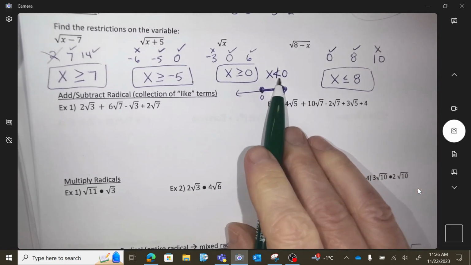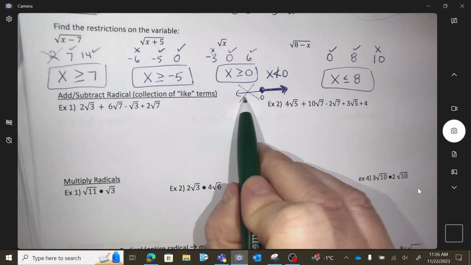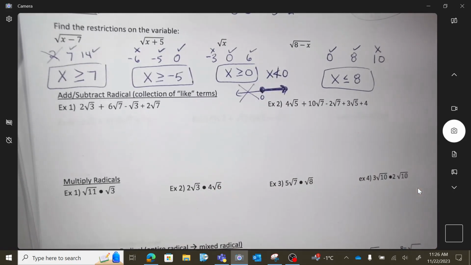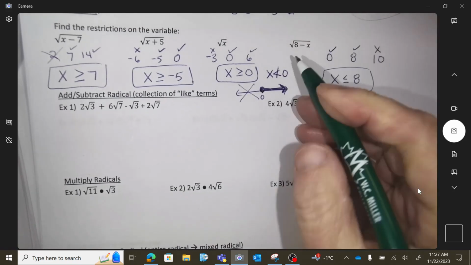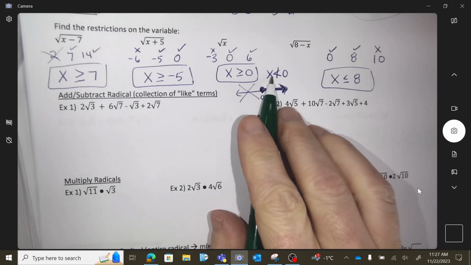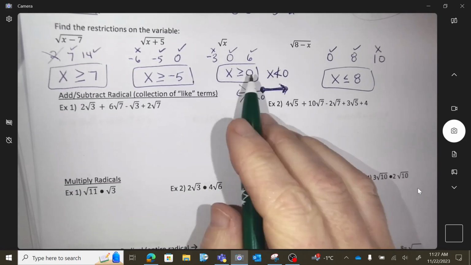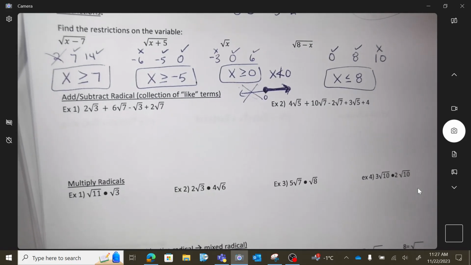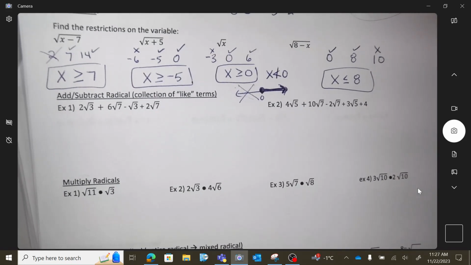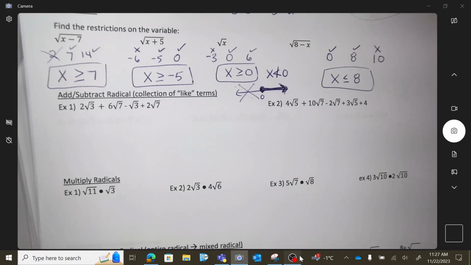This says x is not allowed to be less. Does that make sense on a number line? You have to be here or above. In your answer key, I have both, I think. This says I can't be there. Okay, that's restrictions. Done that.